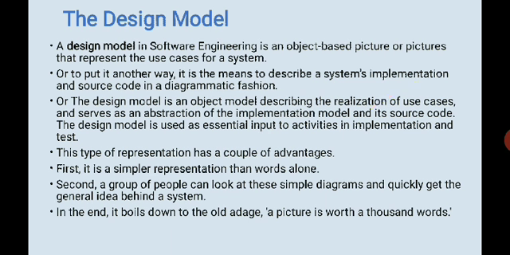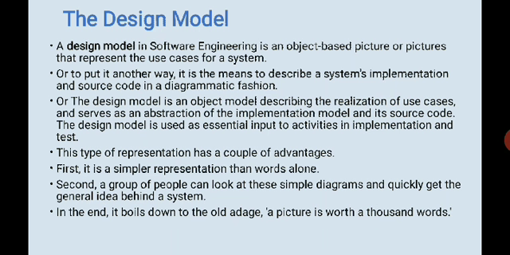Next, we come to the design model. A design model in software engineering is an object based picture or pictures that represent the use cases for a system. Or to put it another way, it is the means to describe a system's implementation and source code in a diagrammatic form. So whatever the system is going to do, first we represent it diagrammatically, right?